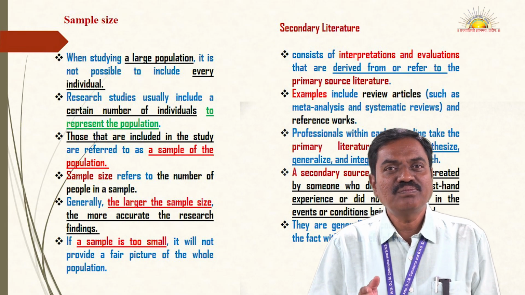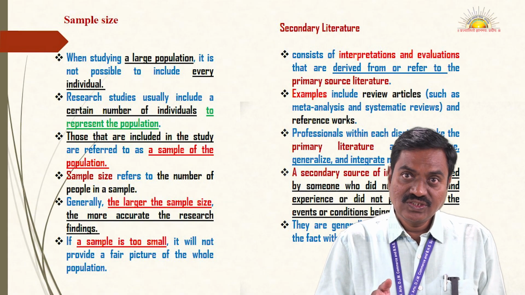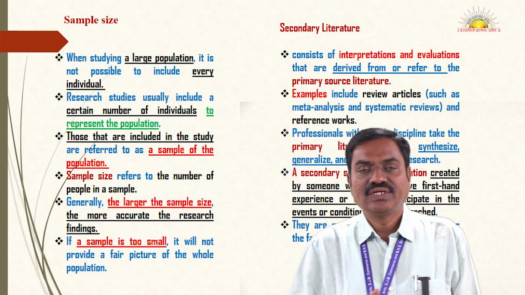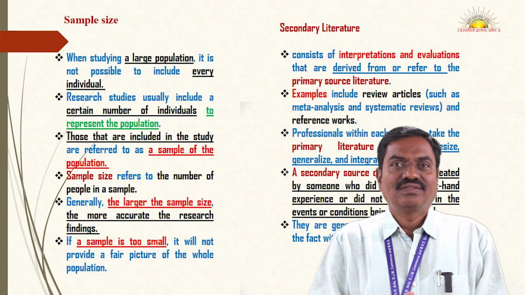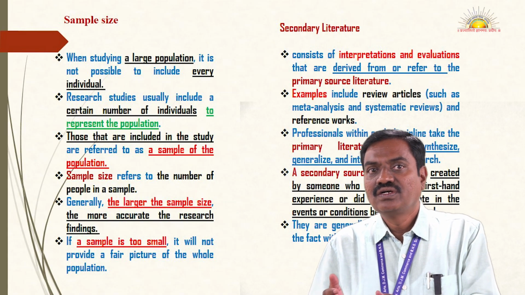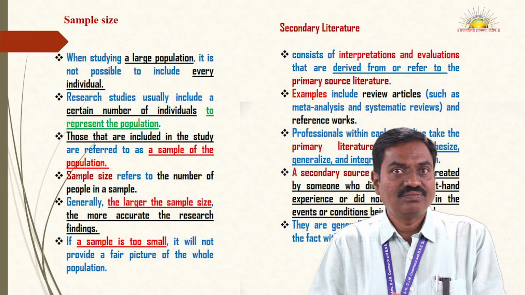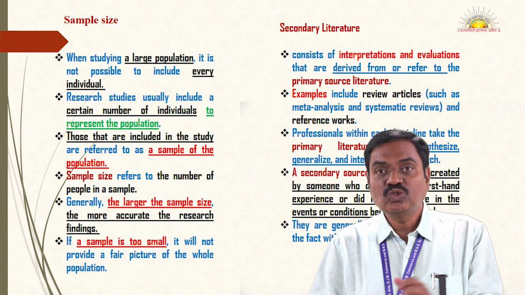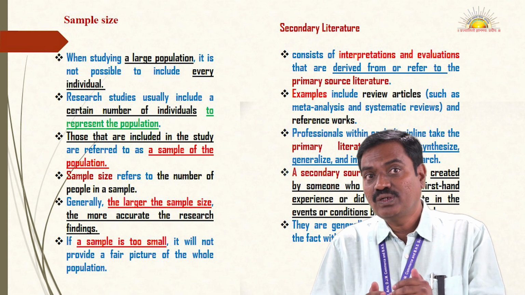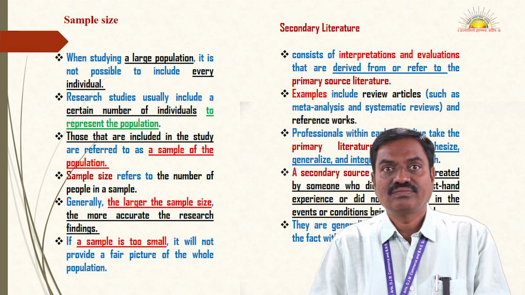The term sample size refers to the number of people in a given sample. Generally, the larger the sample size, the more accurate the research findings are. If a sample is too small, it will not provide a fair picture of the whole population.